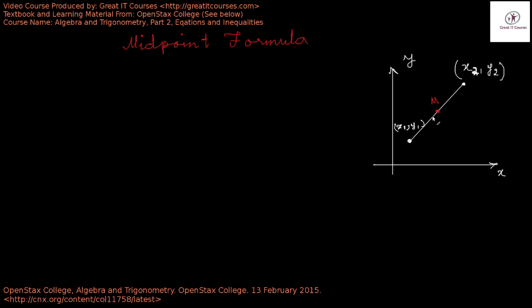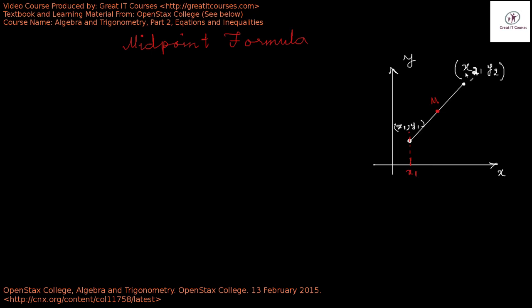So in order to figure this out, you could drop a perpendicular from this point to the x-axis, and then you know that if the coordinates of this point are x1, y1, then this point on the x-axis is x1.